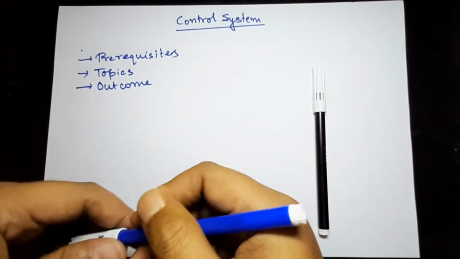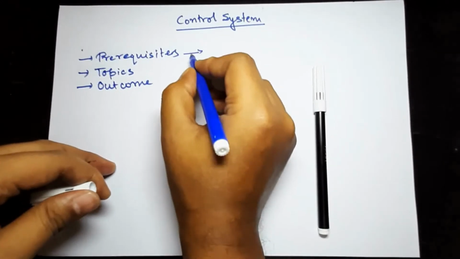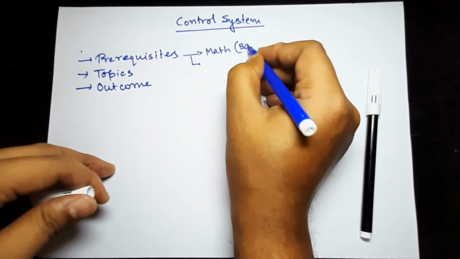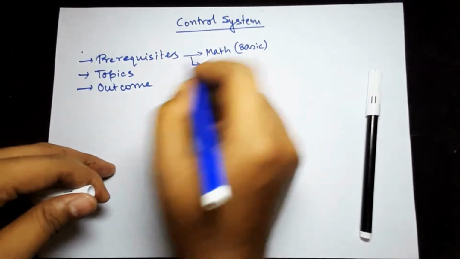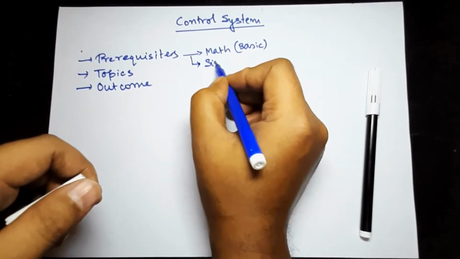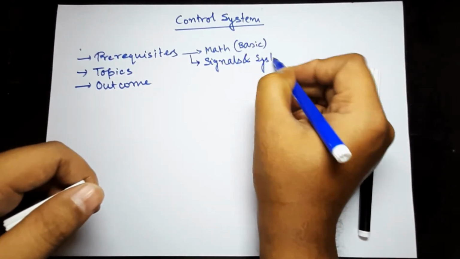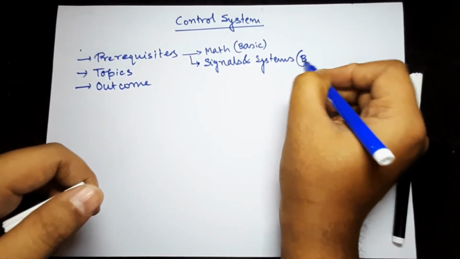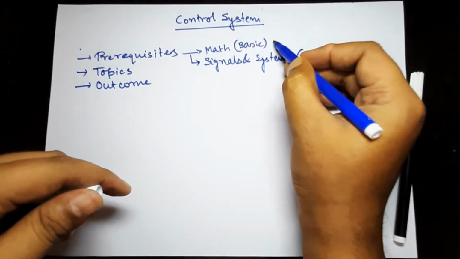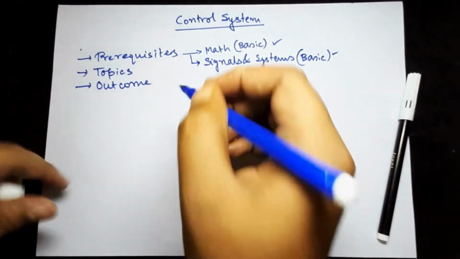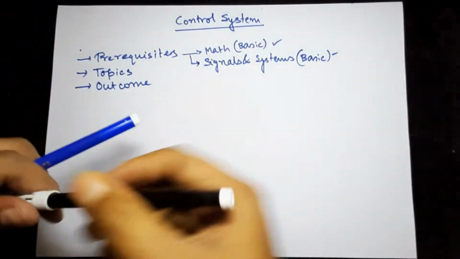Talking about prerequisites, mainly two subjects will help you. One is math, at a very basic level, and signals and systems. Also very basic level. I will elaborate on the two points.